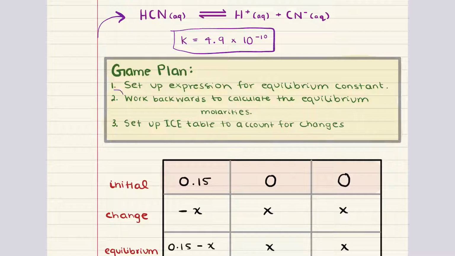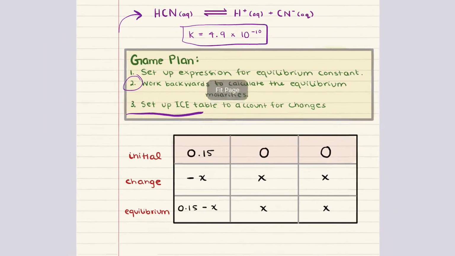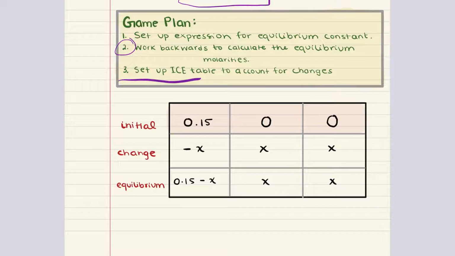So then, in order to do that, we're going to have to set up and use a strategy called the ICE table or reaction table. ICE here is an acronym standing for Initial, Change, and Equilibrium. So how do we use this ICE table, and what is this ICE table? The ICE table is an organized way to approach problems involving equilibrium.